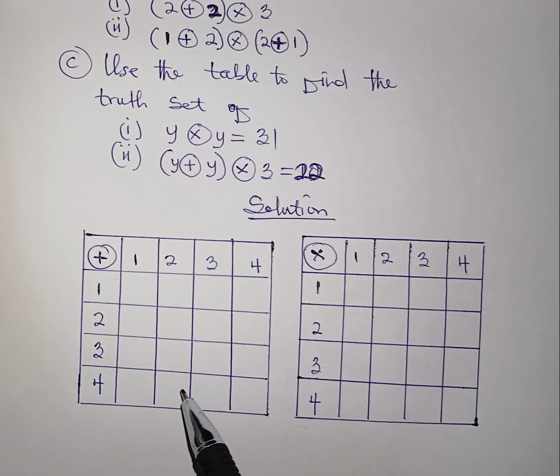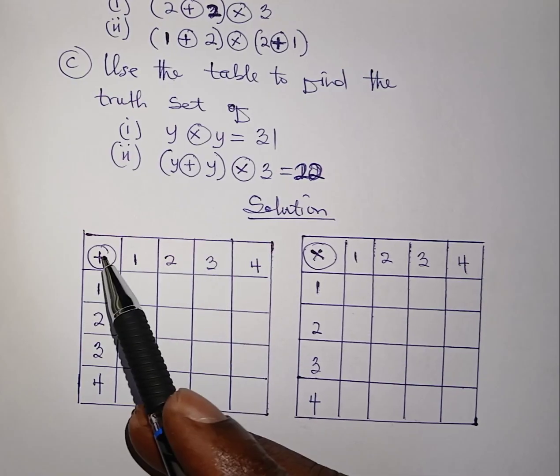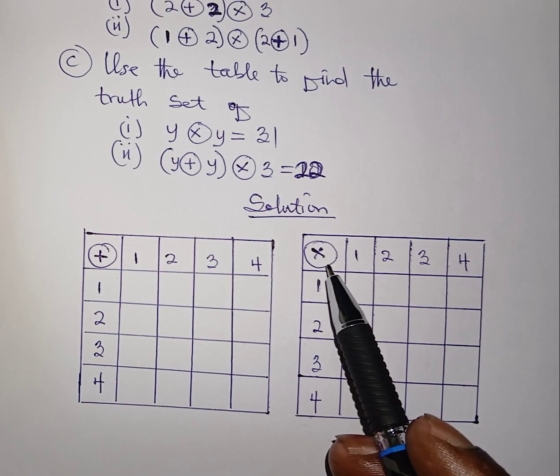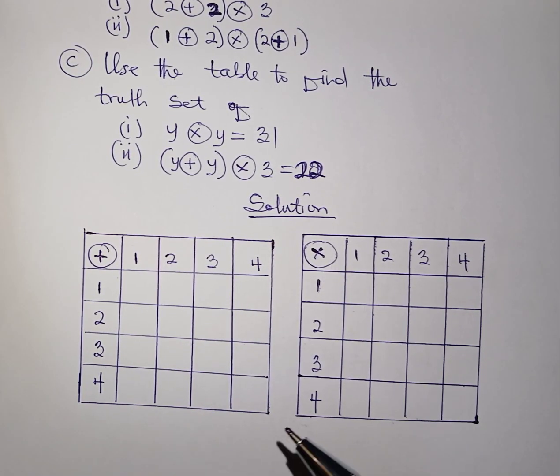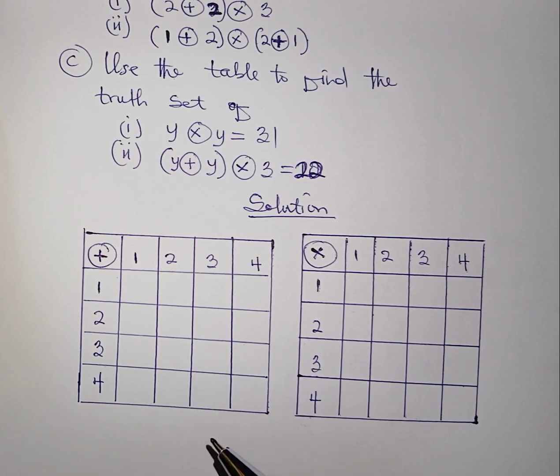Okay, so our two tables are set, one for addition and one for multiplication, and we are to do this in base 5.